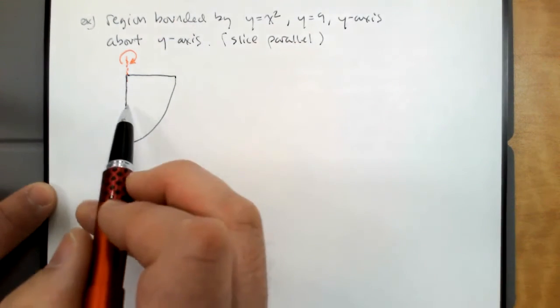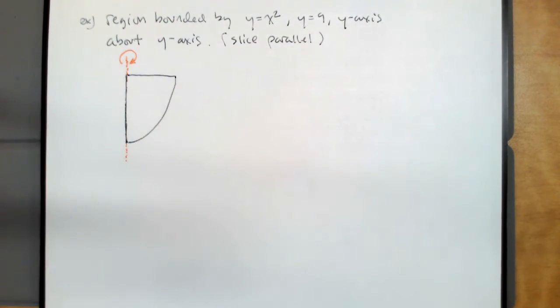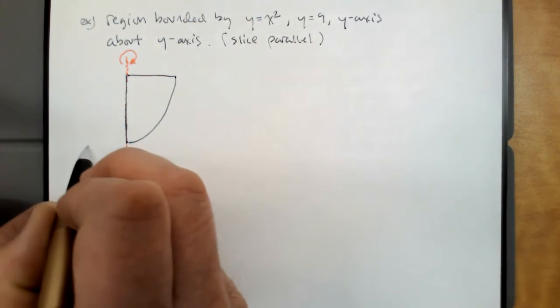Previously, we had set up a slice perpendicular to the axis of rotation. We were thinking this is a pi r squared times delta variable. But today, we're going to do it differently. I put in my axes.